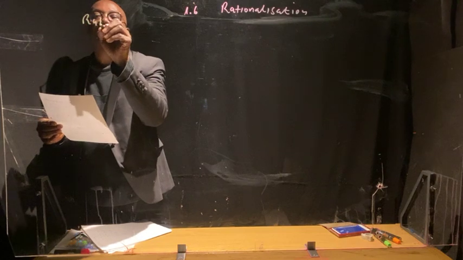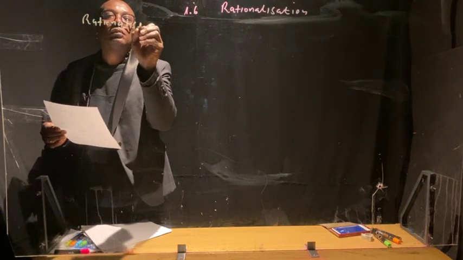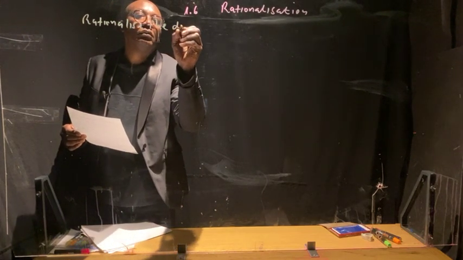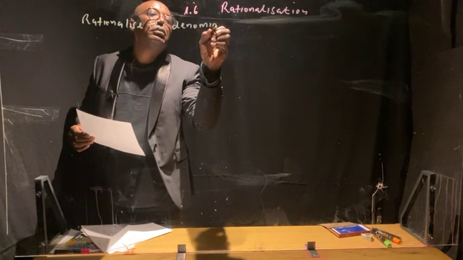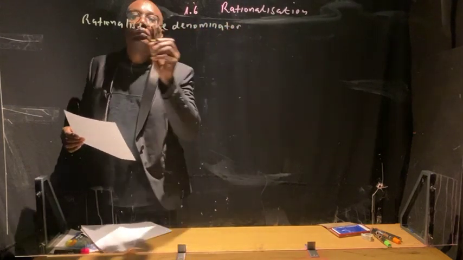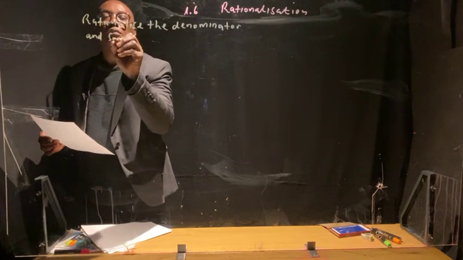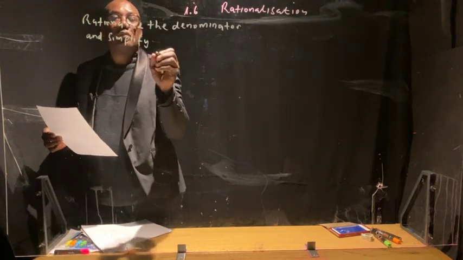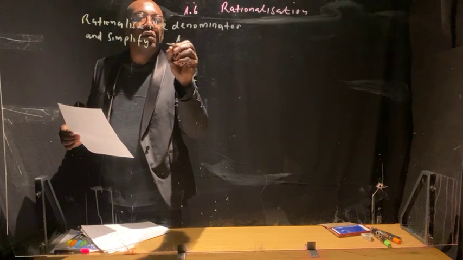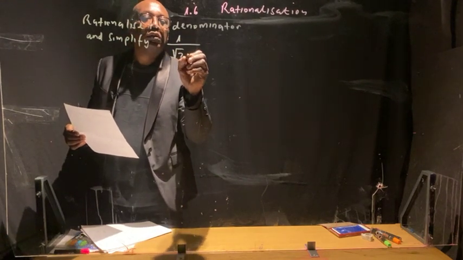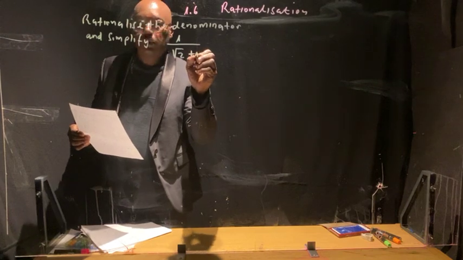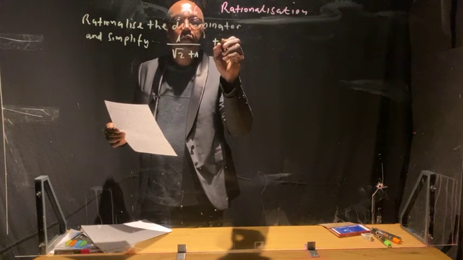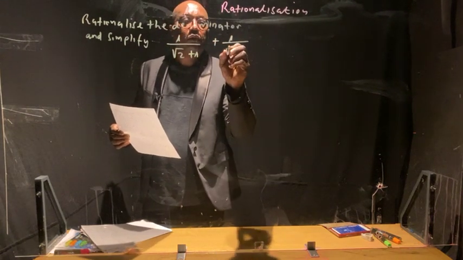Rationalize 1 over root 2 plus 1 plus 1 over root 2 minus 1.